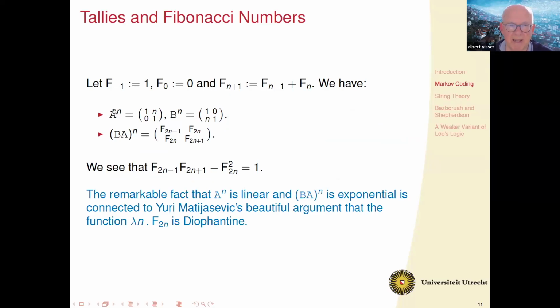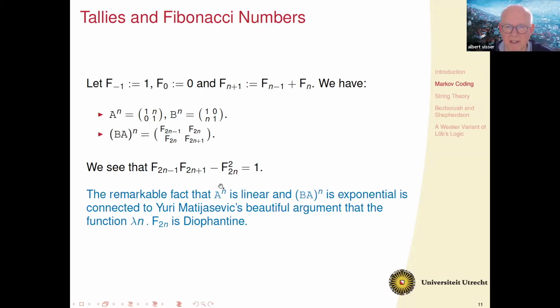So if we take a to the n, then it gets something quite innocent: one, so that simply the diagonal and n right in the right above place, and b to the n, you get the n here. But if you take ba to the n, then you already are generating the Fibonacci numbers.